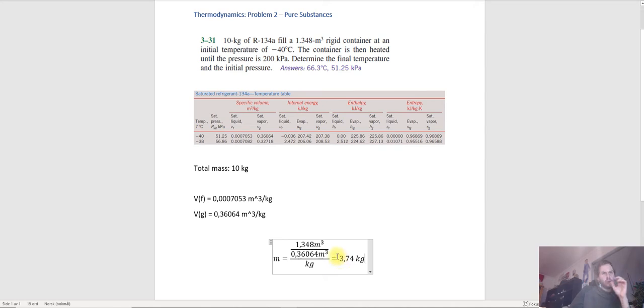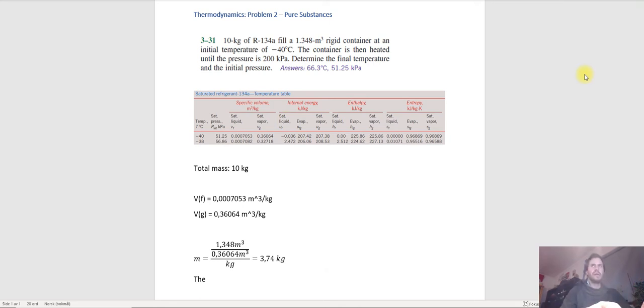It means that some of this must be liquid, and that means we do have a saturated refrigerant, a saturated mixture, and that's why we know for sure the initial pressure is 51.25.